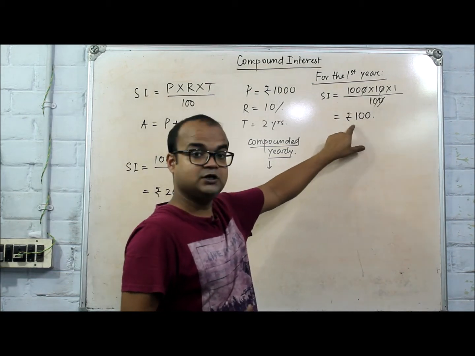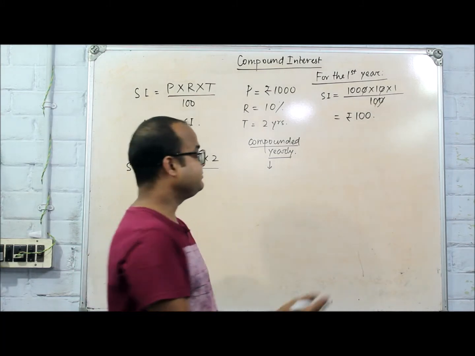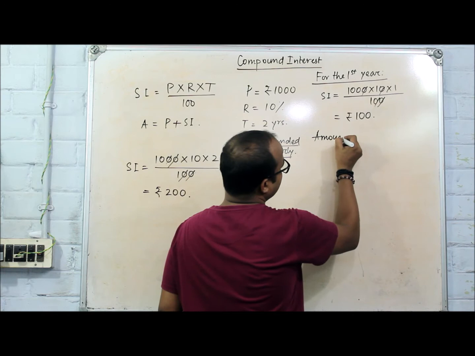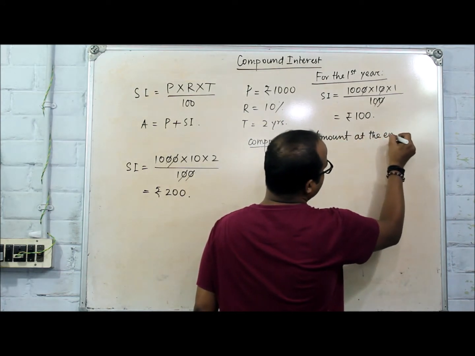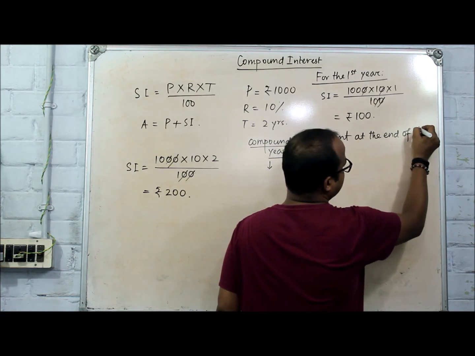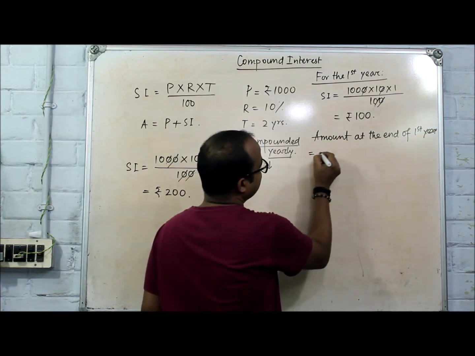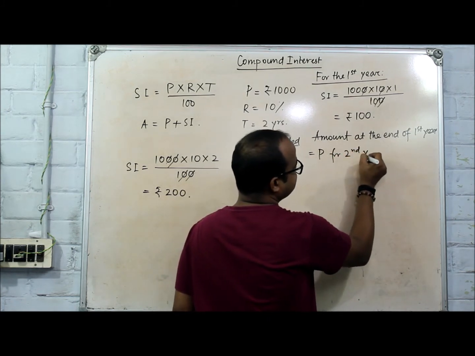Now this rupees 100 will be added to your principal. That means the amount at the end of the first year will become P for the second year.